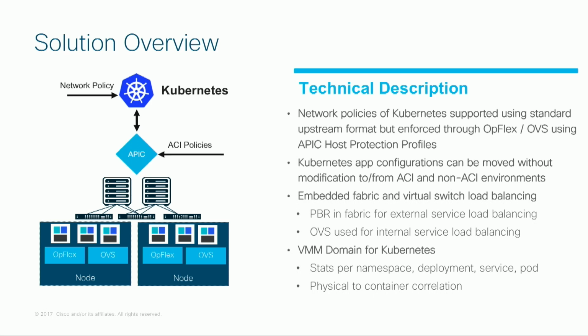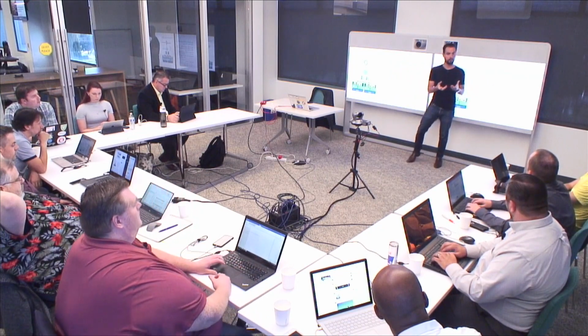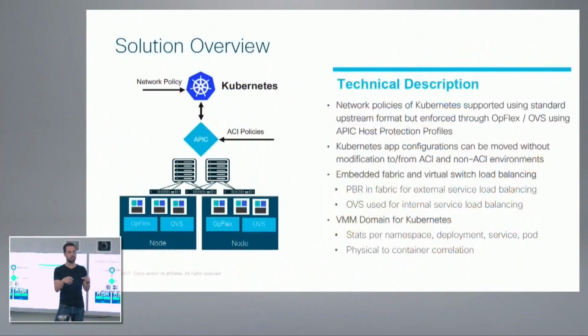It's not an enforcement. It doesn't guarantee that things are not going to talk to each other. You need an enforcement mechanism, be it IP tables, be it Open Virtual Switch. In ACI, we ingest that network policy, we render it, and we push it to the Linux server, and we do the enforcement by means of OpFlex. That's our protocol for policy exchange. And we do the implementation itself in OpenFlow rules and Open Virtual Switch.